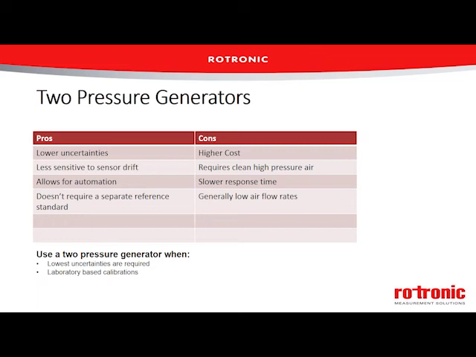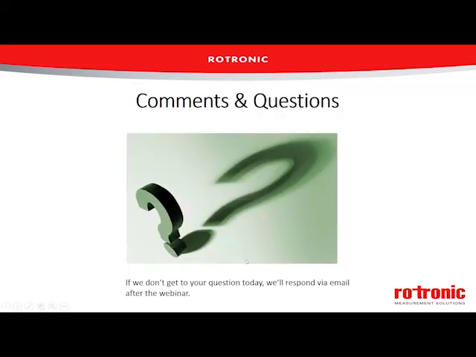And because the airflow rates are so minimal inside the chamber, when you change to different levels of relative humidity, the sensor response time is going to be slower. If you have a controlled environment like a laboratory and you need very low uncertainties, this is a good solution.